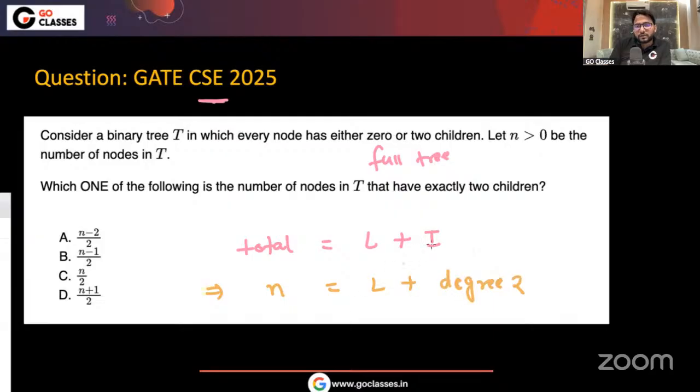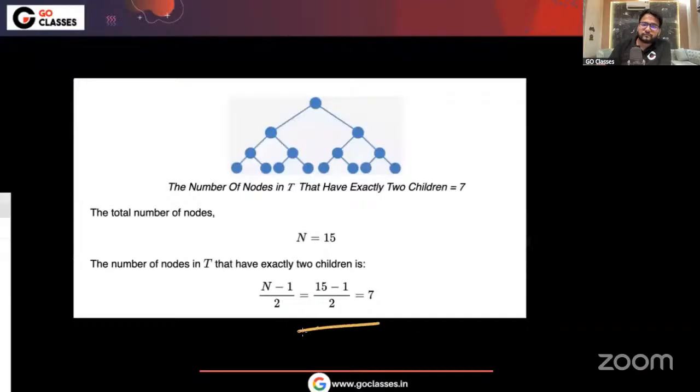So you can say leaf are nothing but degree 2 plus 1. So this is degree 2 plus 1 plus degree 2. This is n. So this is n minus 1 by 2. So B is the answer. Okay, B is the answer. N minus 1 by 2. This is easy.